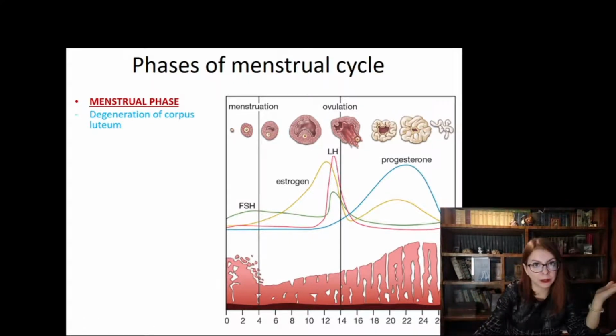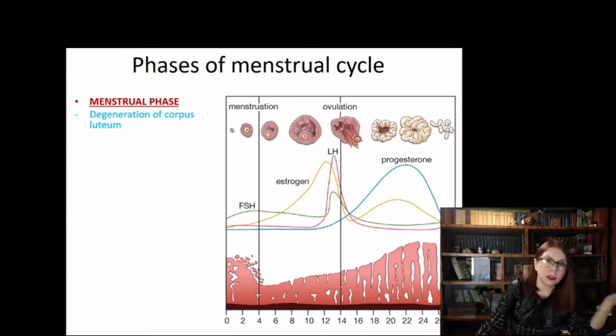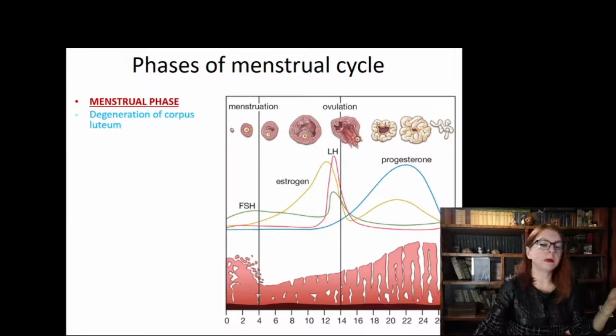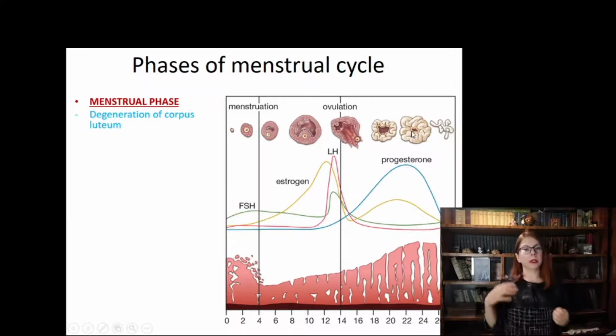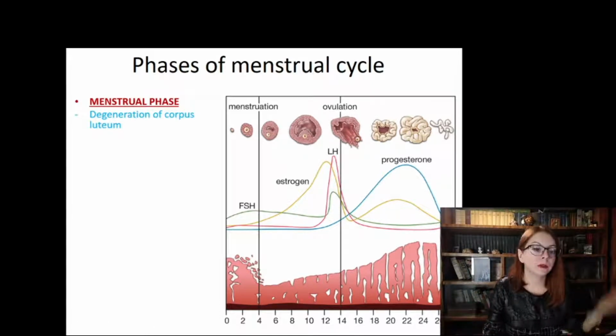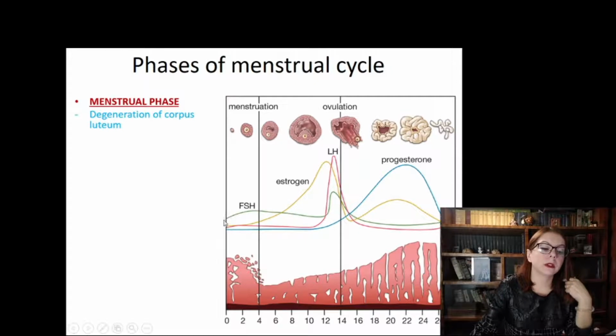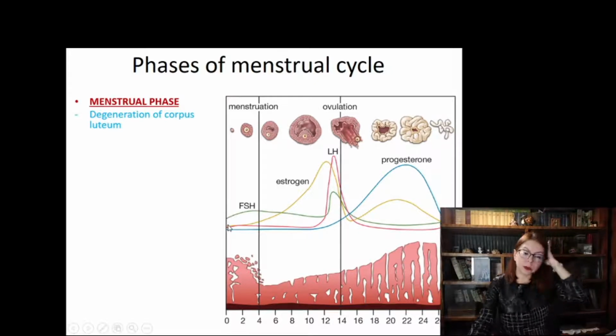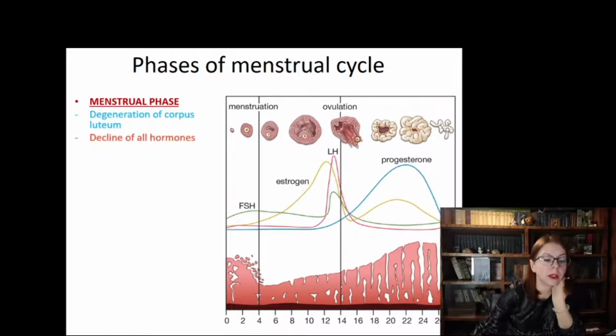If there is no pregnancy, the yellow body degenerates, and there is a decline in progesterone and estrogens in this way. While follicles are still immature, they do not grow, so there is no yellow body, there is no maturing follicle, so all hormones are at their lowest concentration.